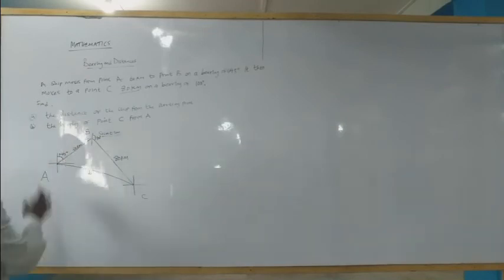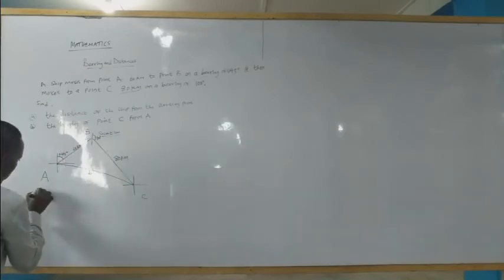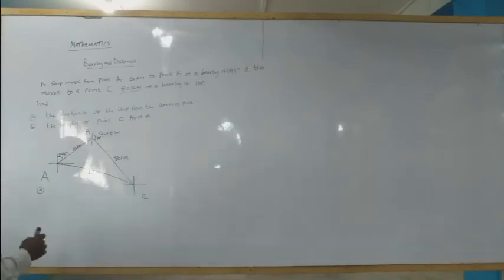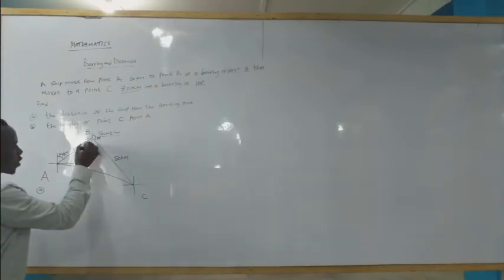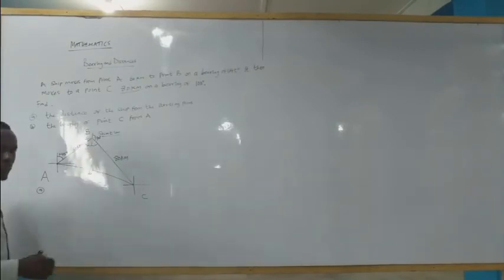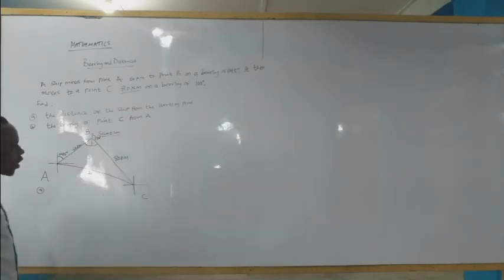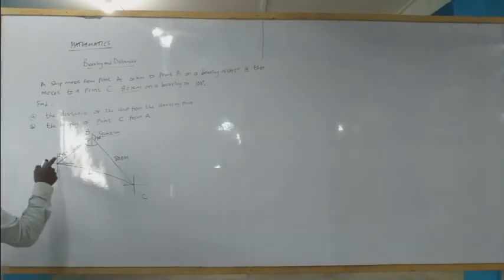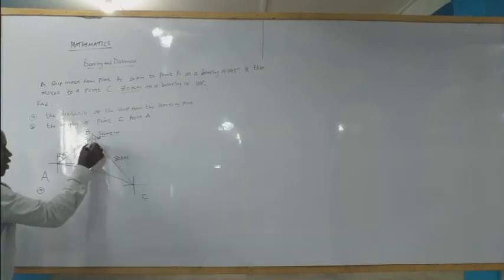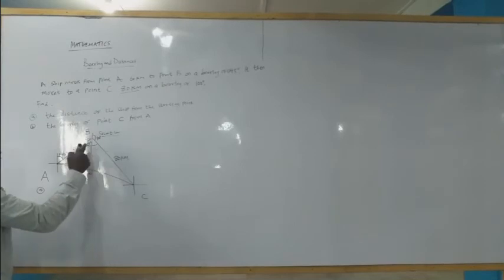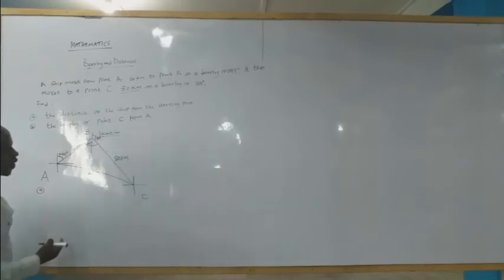So let's solve this one. To get this, we have to determine the angle here, which is called the included angle. The angle between the two given sides of a non-right angle triangle is called the included angle. How do you get the angle here? This is an alternate angle here, 45 degrees.